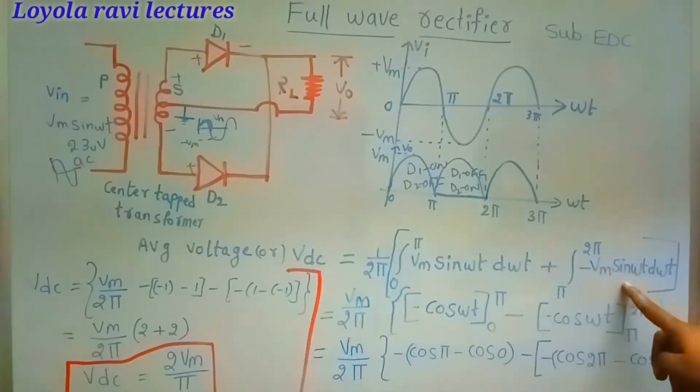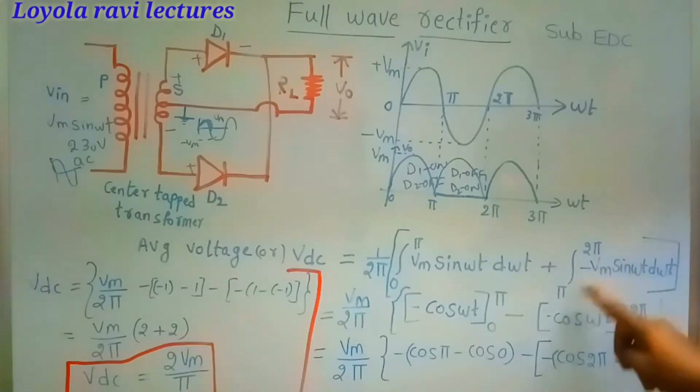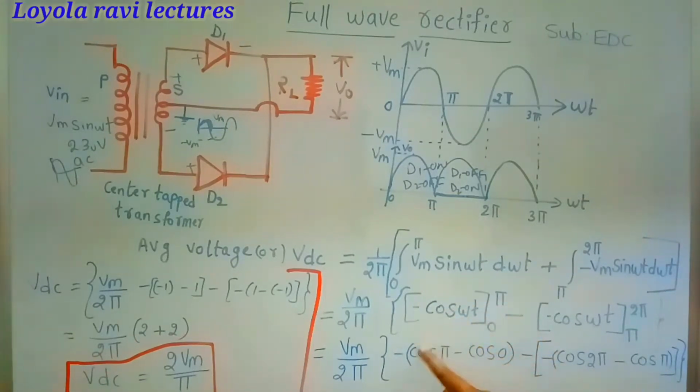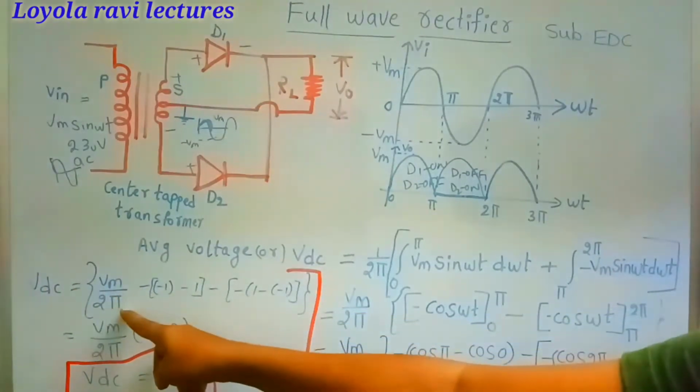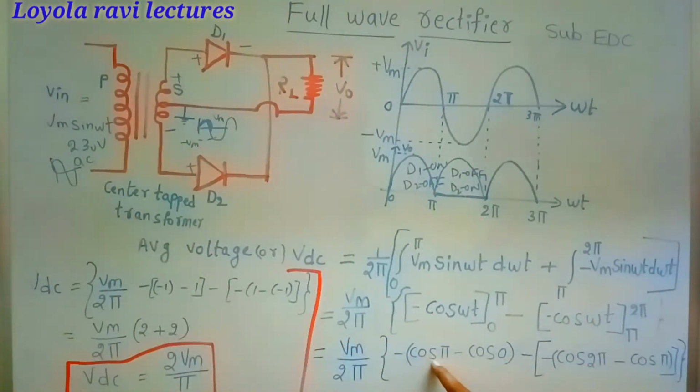Then sin omega t integrates to minus cos omega t, with limits from pi to 2 pi. Now I am going to apply the limits. Vm by 2 pi, cos pi minus cos 0, minus again of cos 2 pi minus cos pi. Then VDC is equal to Vm by 2 pi, minus of cos pi, which is minus 1.